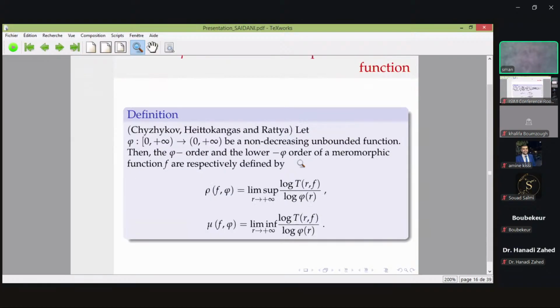And we can now define the phi order of a meromorphic function by the following limit superior, and the lower phi order of f by the limit inferior of the logarithm of the characteristic function divided by the logarithm of phi of r.